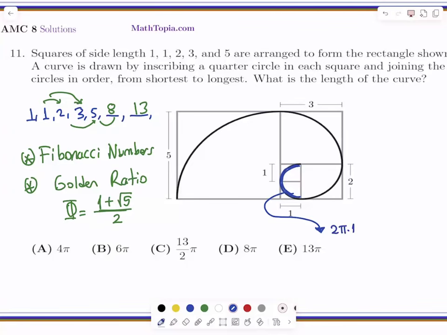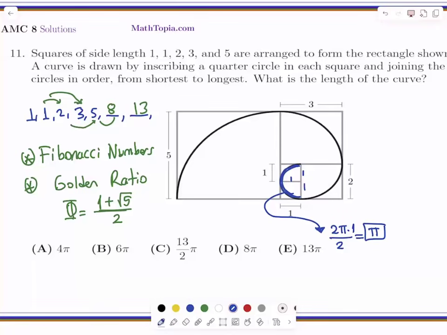R is 1, right? Yes, 2 pi r divided by 2. The blue one, the semicircle curve length, will be only pi, right? Yes.